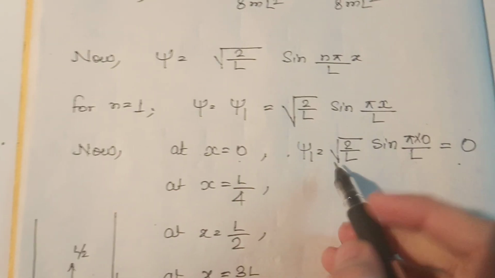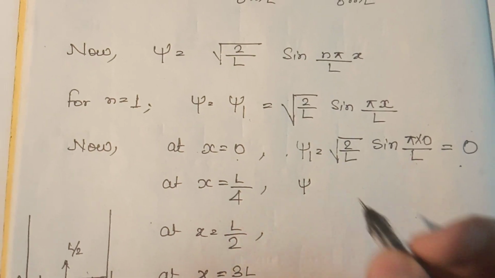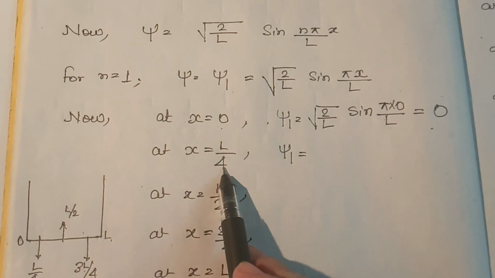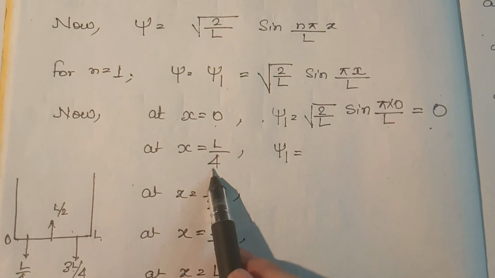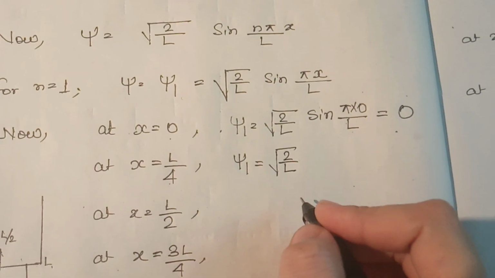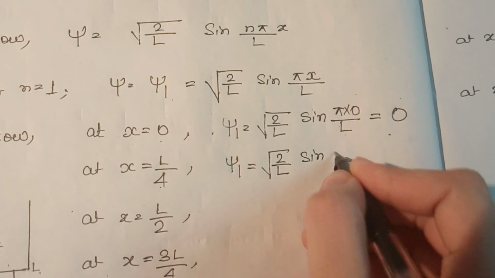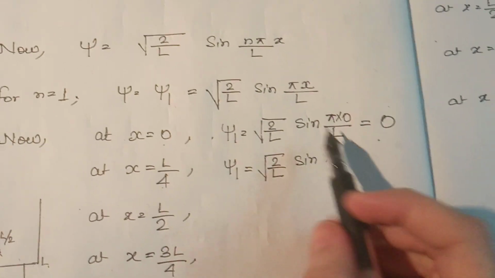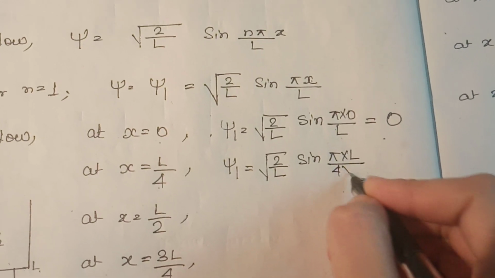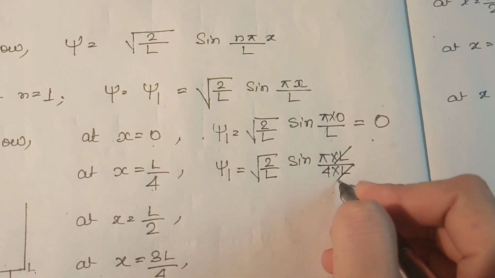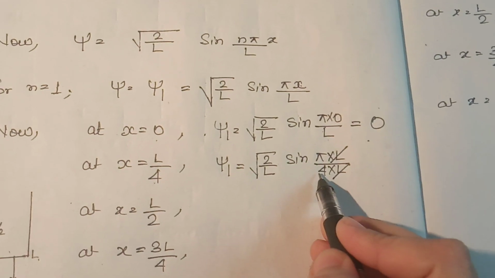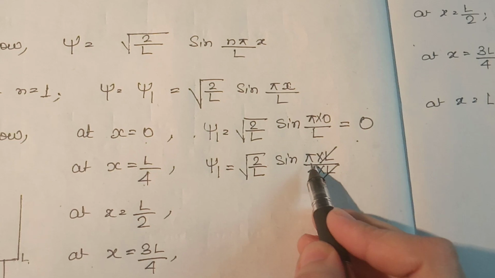Then, the next expression is for psi 1 at position L by 4, that is 1/4 of the length. So square root of 2 divided by L sine pi into, in place of x, we put L divided by 4, into L. So L will cancel out and we get sine pi by 4, that is sine 45 degree.